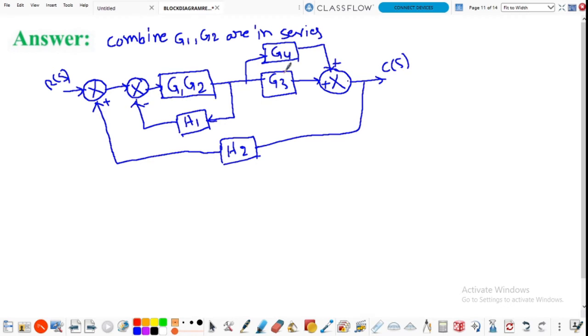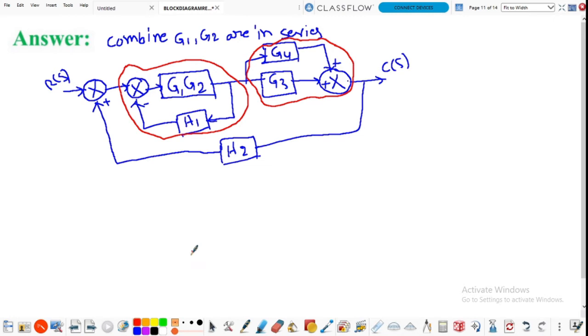So combine the parallel blocks and eliminate the minor feedback loops. What are the minor feedback loops? This is a minor feedback loop, and here the blocks are in parallel.